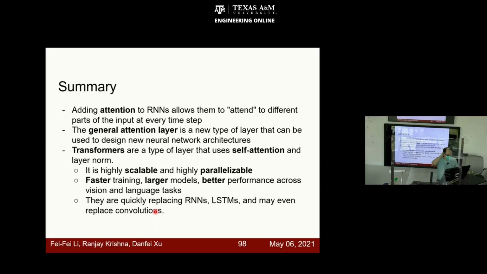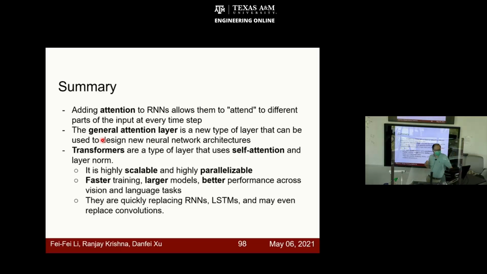And then, utilizing self-attention alone, plus some layer normalization and some nonlinearity, we could introduce a block called the transformer block that entirely uses self-attention without recurrence, without necessarily CNN, right? And it's highly scalable and highly parallelizable, right?